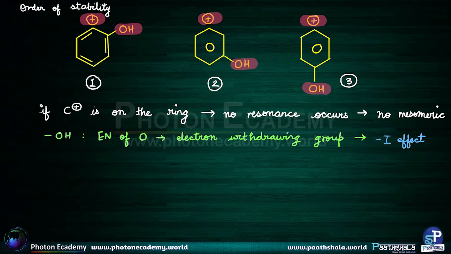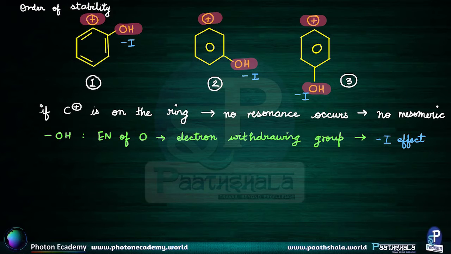So each of them which has OH shows a minus I effect. We have minus I here, on this one, and on this one as well. Notice that there is no mesomeric effect, so we are not distinguishing between them as to which one is in resonance, because none of them will be.